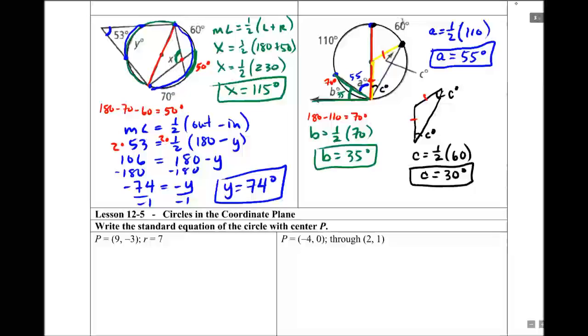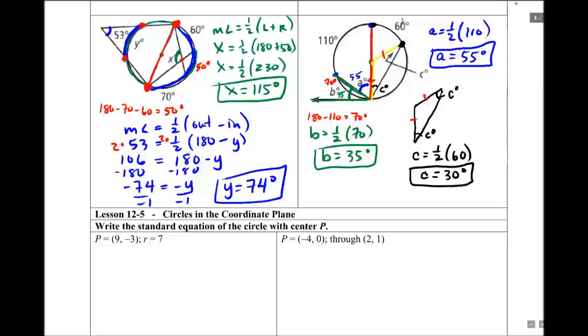Right? Then we are doing the outside arc. And the outside arc, we know that we need our intercepted arc here and our intercepted arc here, because both of these things are intersecting our circle right there. And this one is right there.